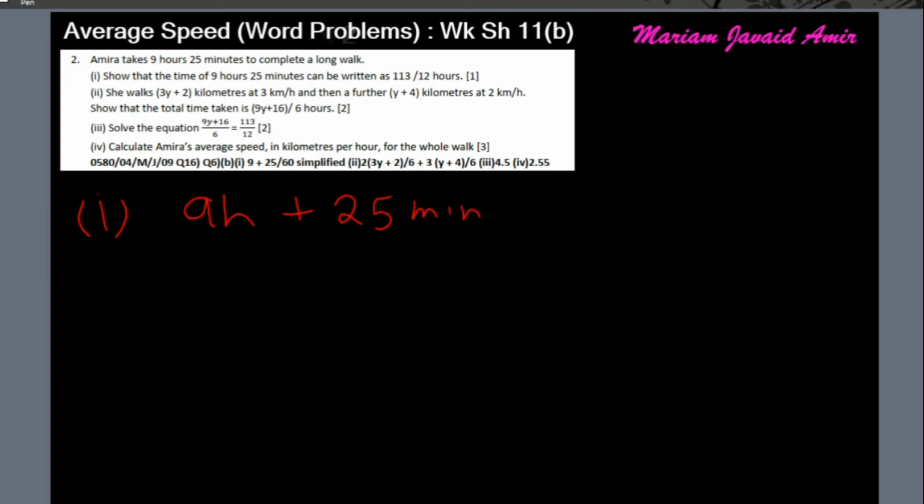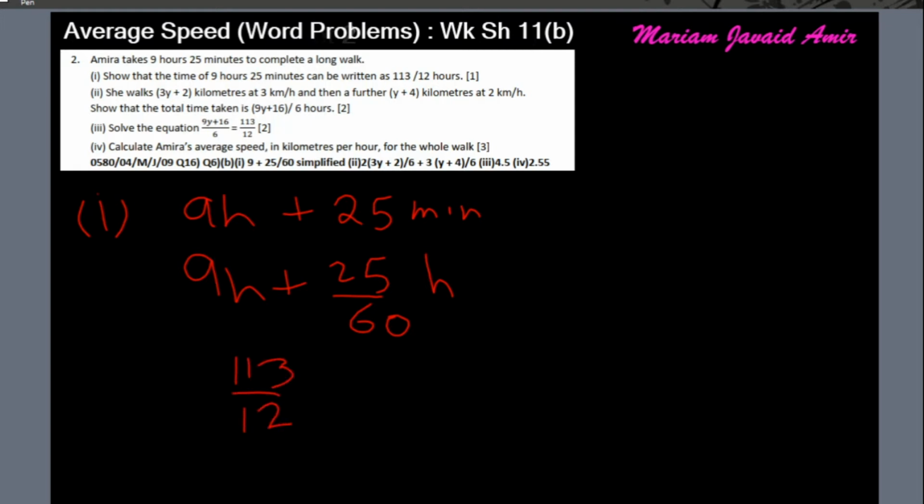Change minutes to hours, for that divide by 60 and add this fraction simply. So in your calculators write 9 plus 25 over 60 and it will give you the desired fraction. Yes, it will give us 113 over 12.